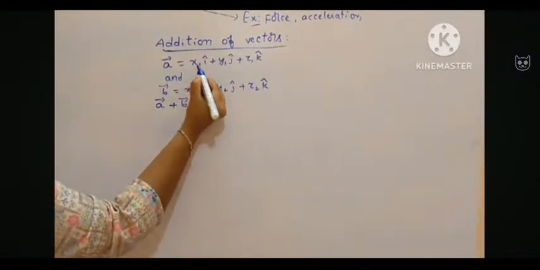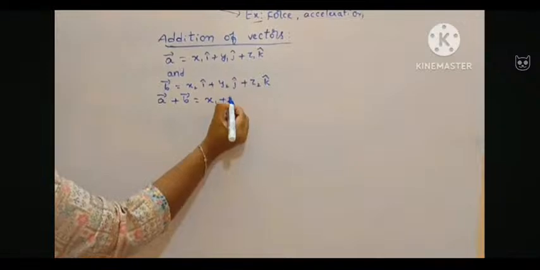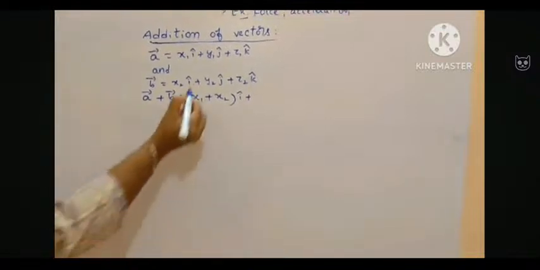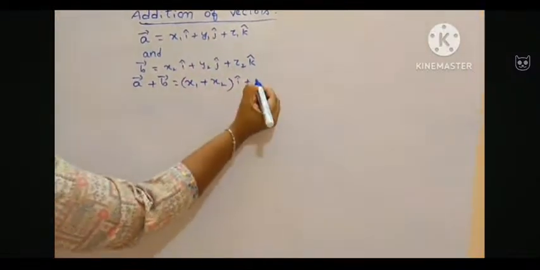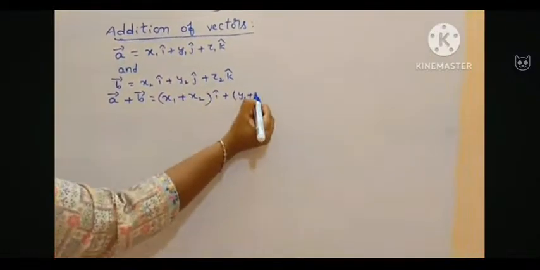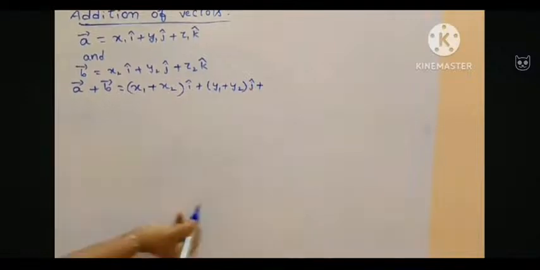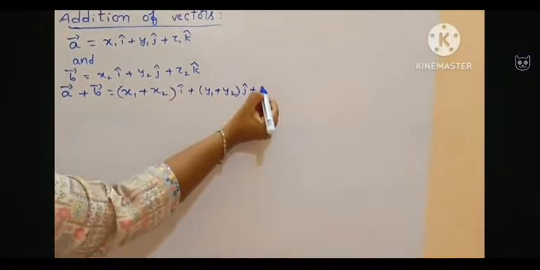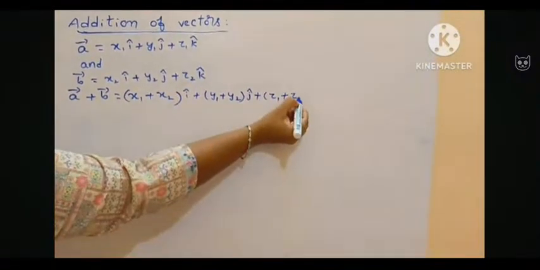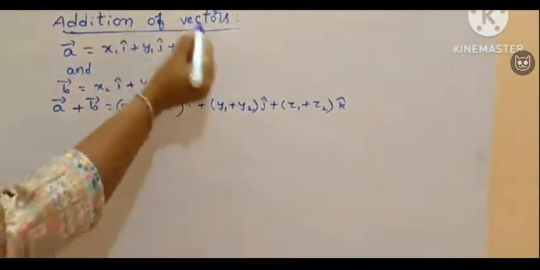Here the i cap component is x1, plus here the i cap component is x2, into i cap, plus here the j cap component is y1, plus here the j cap component is y2, into j cap, plus here the k cap component is z1, and here the k cap component is z2, into k cap. So it is the procedure for adding two vectors.